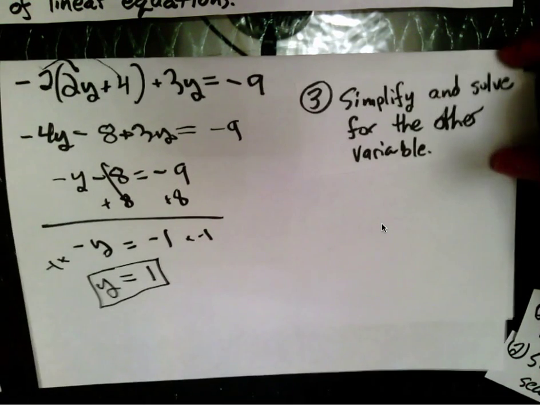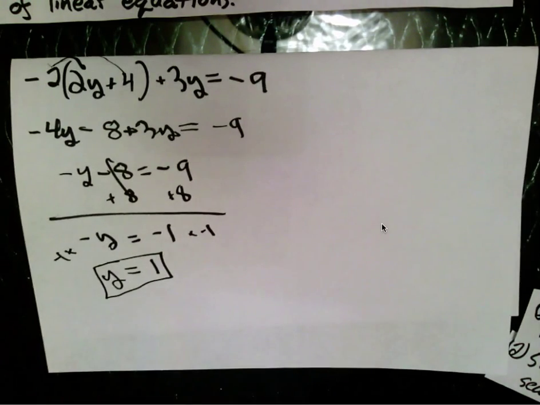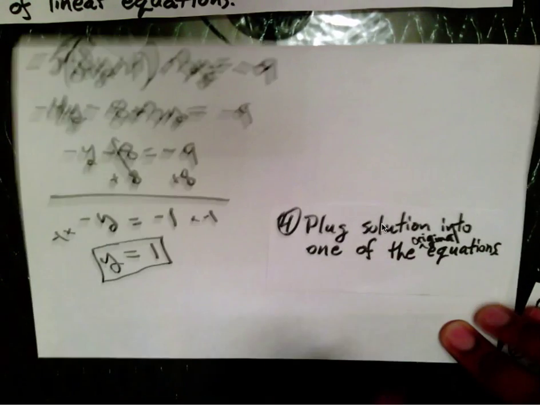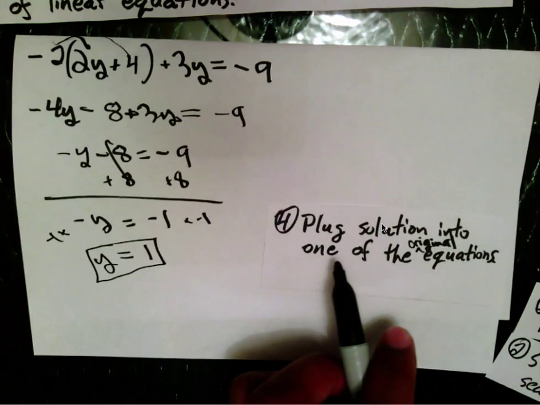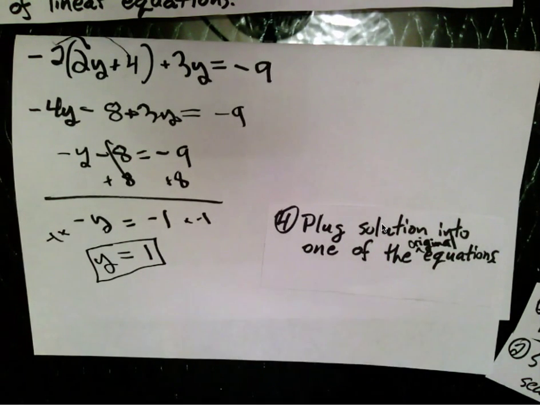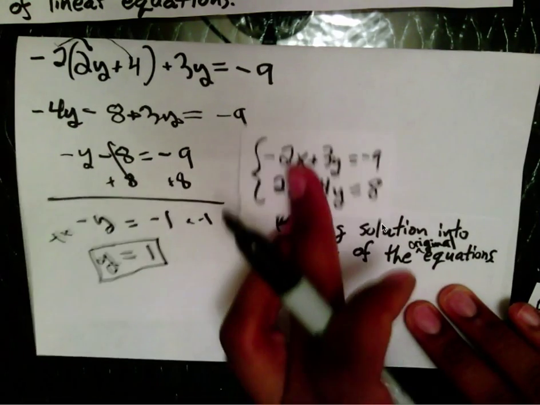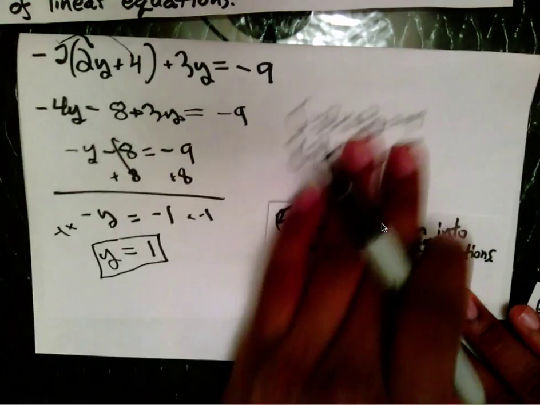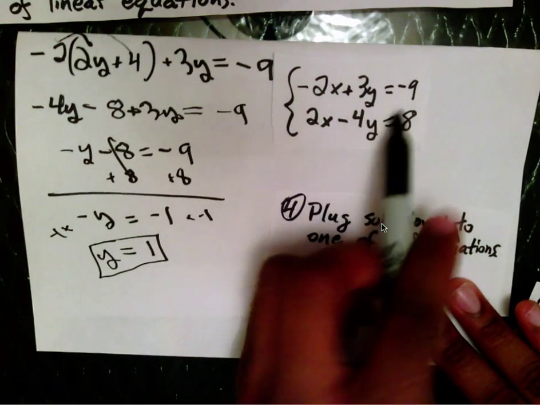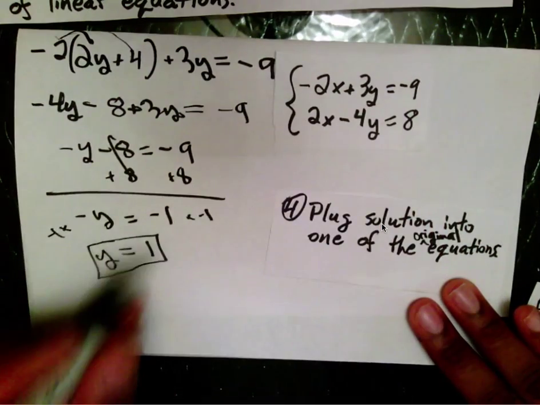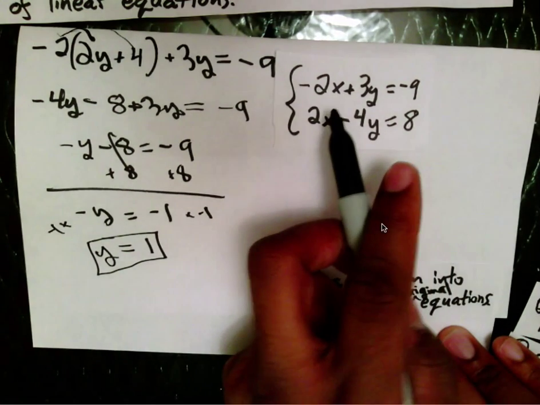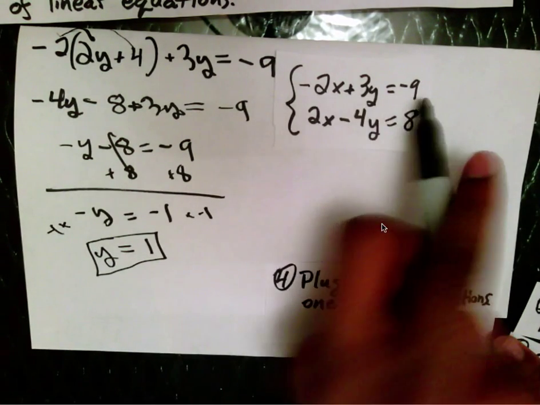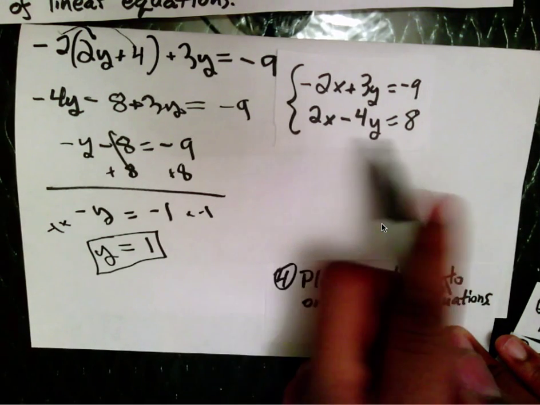Now that I know what y is, I plug that solution into one of the original equations. So what was my original equation? Right here, one of these. I want to take this y, which is equal to 1, and plug it into one of the original equations. I can plug it either into the top one or into the bottom one.